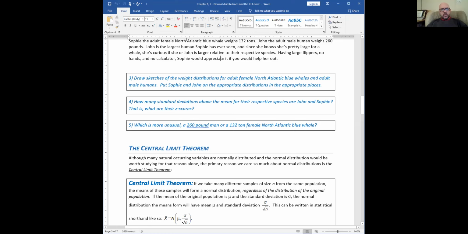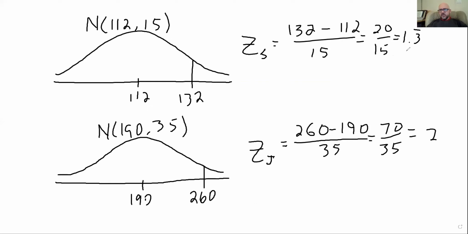I do want to point out one last thing, then we'll go ahead and end the video, which is about z-scores. Notice that these are both positive. Positive or negative just indicates which side of the mean you're on. These are both positive because they're both above.